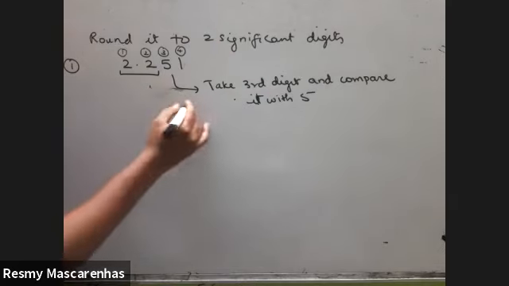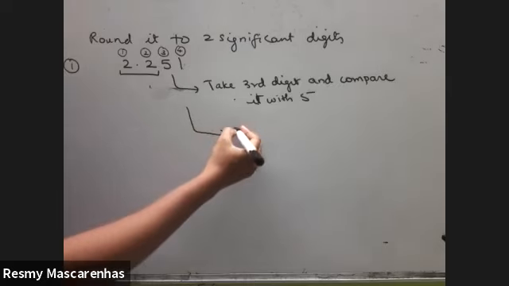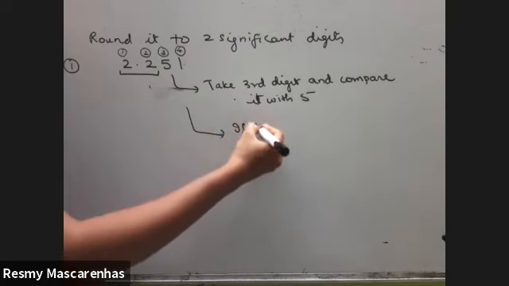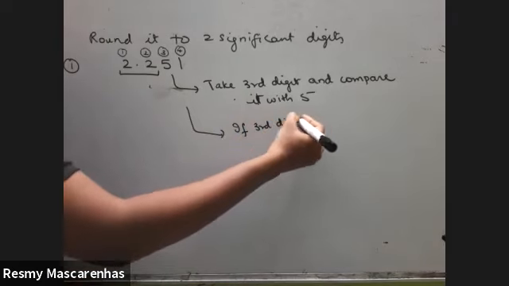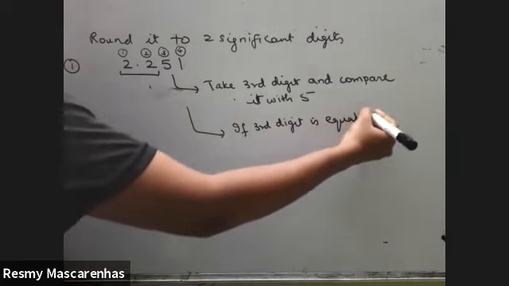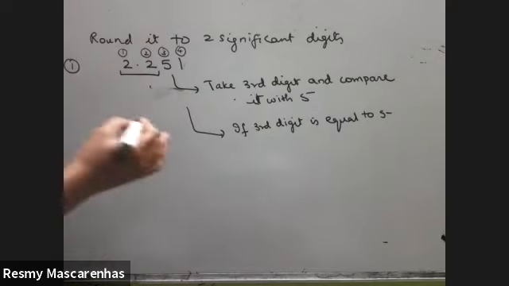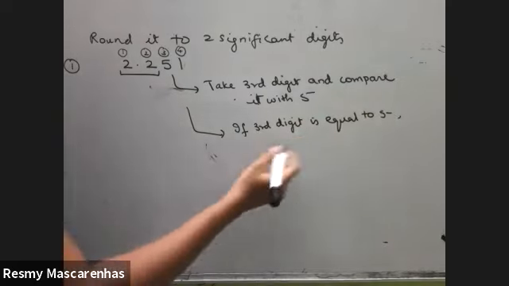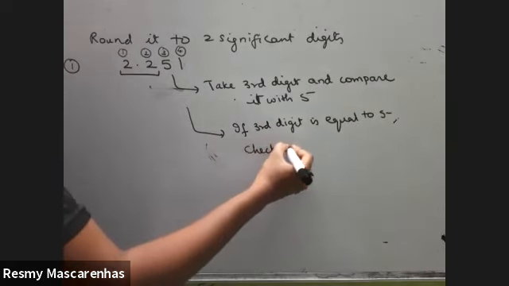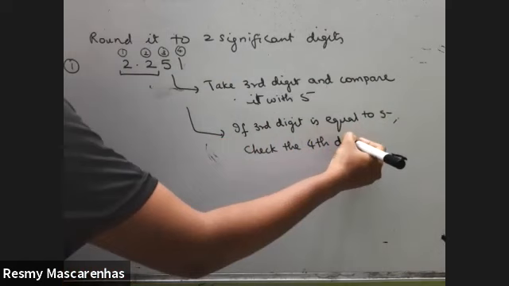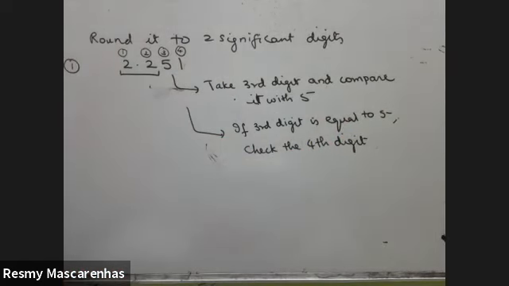So if the third digit is equal to 5, check the fourth digit. Which is the fourth digit? It is 1.